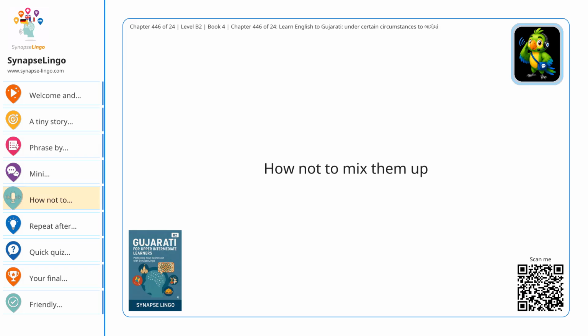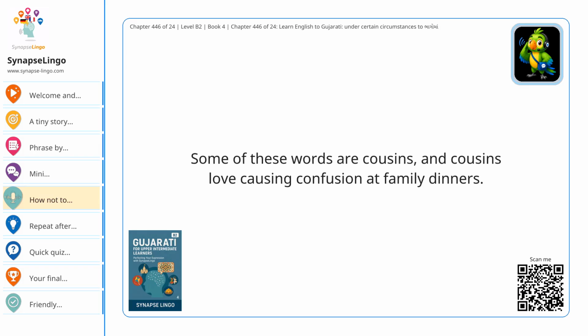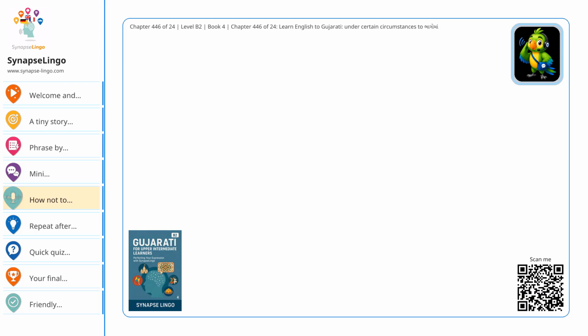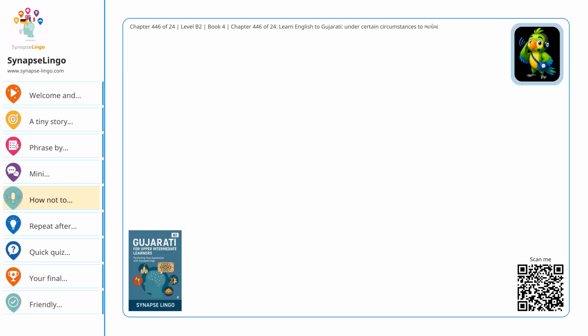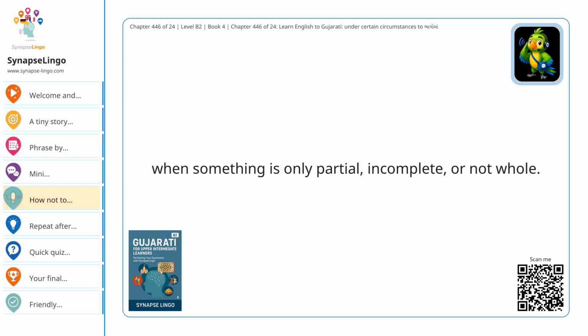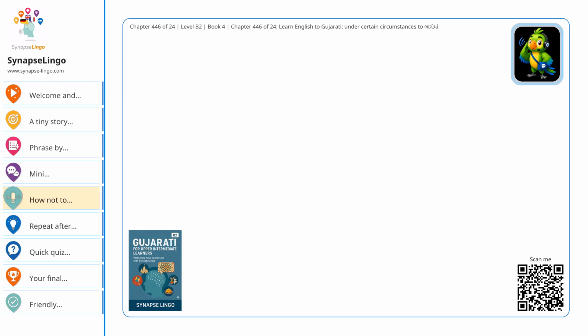How not to mix them up. Some of these words are cousins, and cousins love causing confusion at family dinners. Let's separate them clearly. Use મોટા ભાગે for largely and મોટે ભાગે for mostly. They are very close in meaning, but you can think of both as talking about the bigger part of something. Use આંશિક when something is only partial, incomplete, or not whole.